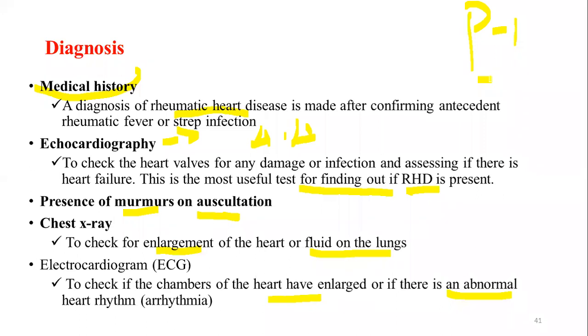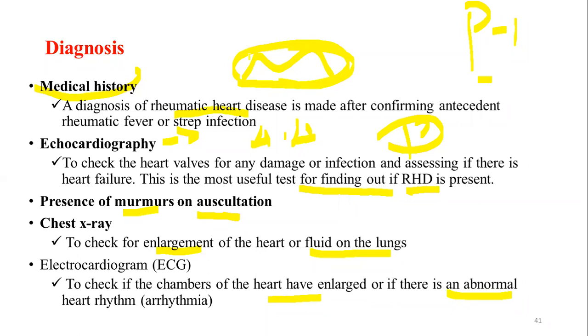P mitrale means the P wave of the ECG becomes M-shaped. It will tell you that there is enlargement of the left atrium. That is how you normally know. So this is normally P mitrale.